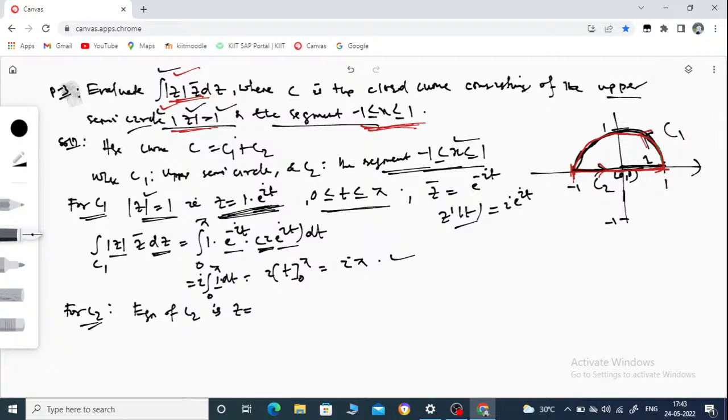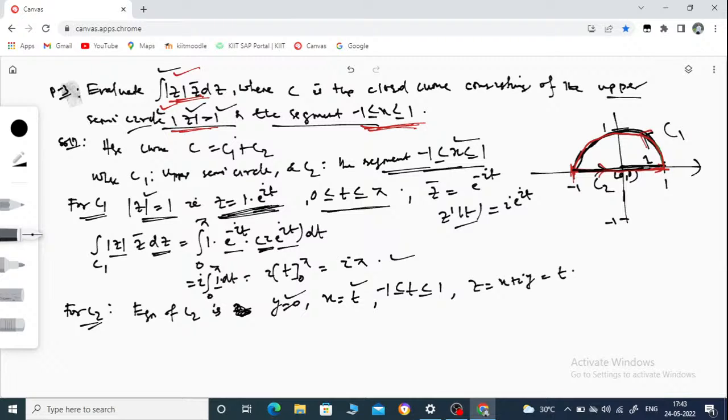For this line segment which joins only -1 to 1, you can write y is equal to 0 and x is equal to t, where t varies from -1 to 1. So your z would be x plus iy, where iy is 0 and x is t, so you can write z is equal to t only.